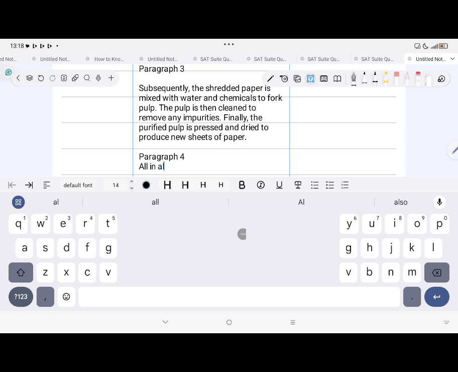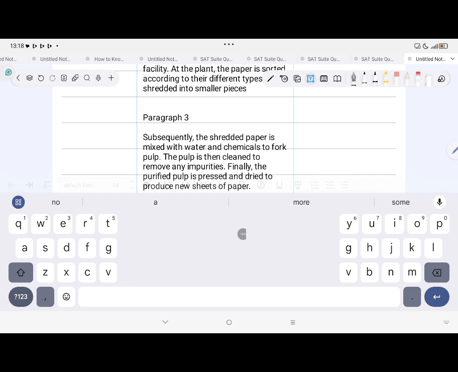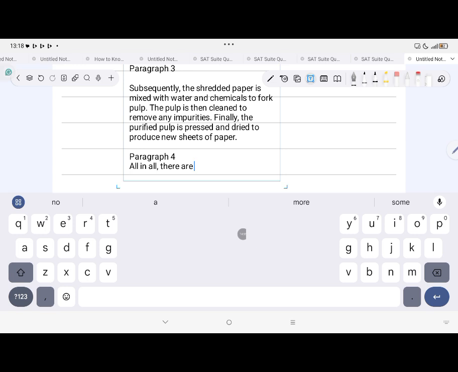All in all, there are how many stages did you mention? Let's say one, two, three. We mentioned three in each paragraph. So all in all, there are 6 stages.